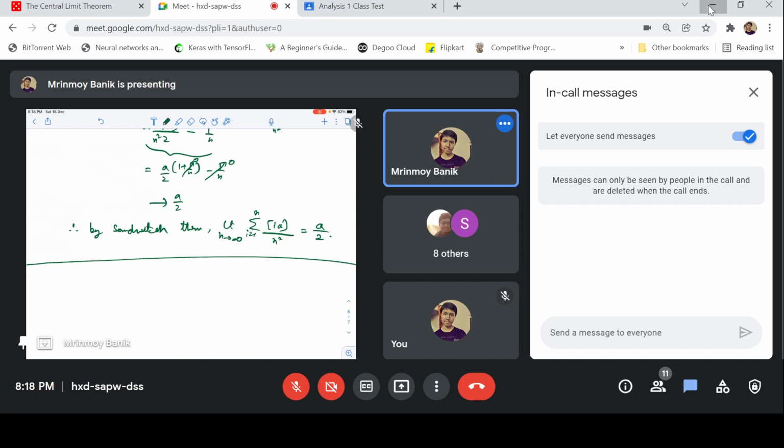Therefore, we got the sequence f of yn, and this sequence doesn't converge to f of a.